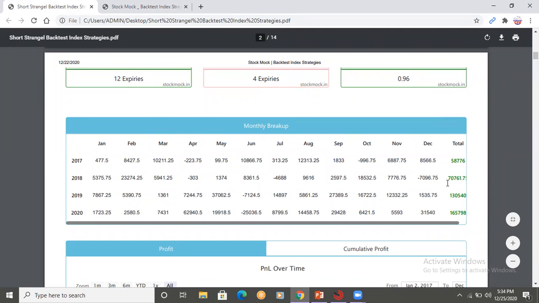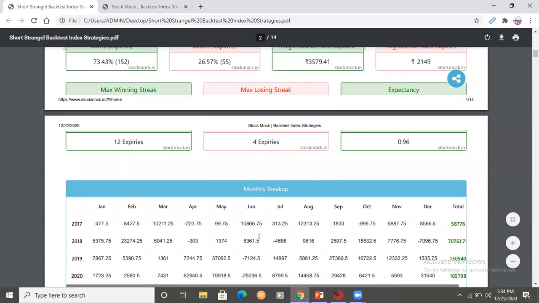At the end of 2018, 70,761 is the profit. At the end of 2019, 1,30,540 is the profit. At the end of 2020, up to 22nd December 2020, 1,65,798 is the profit. So overall profit from the short Strangle strategy is 4,25,000.